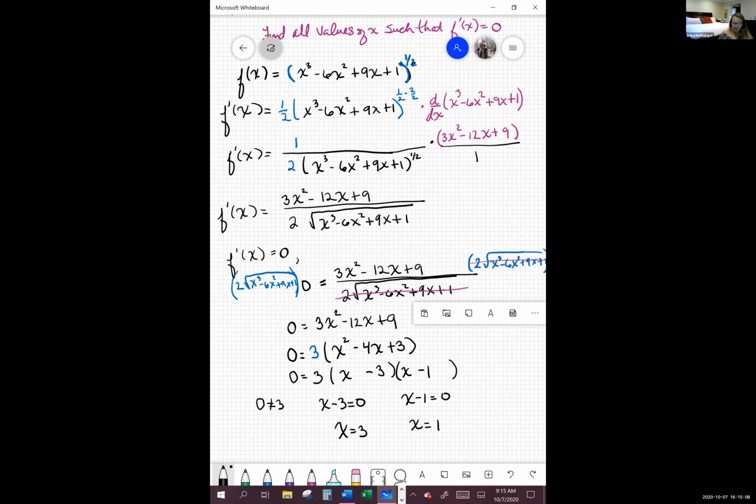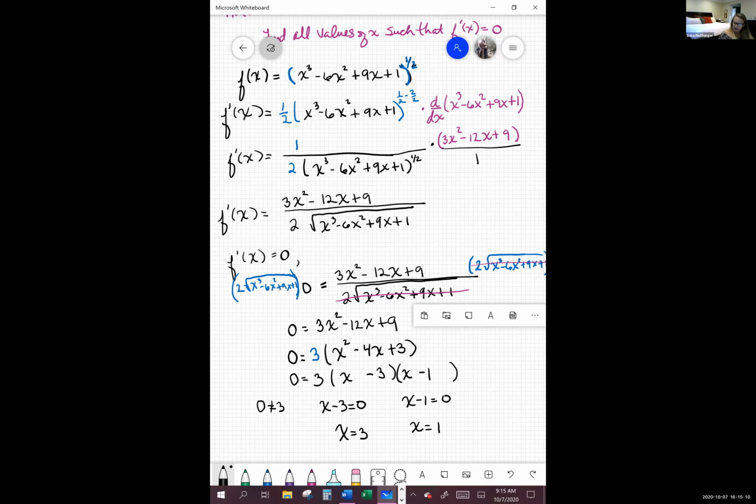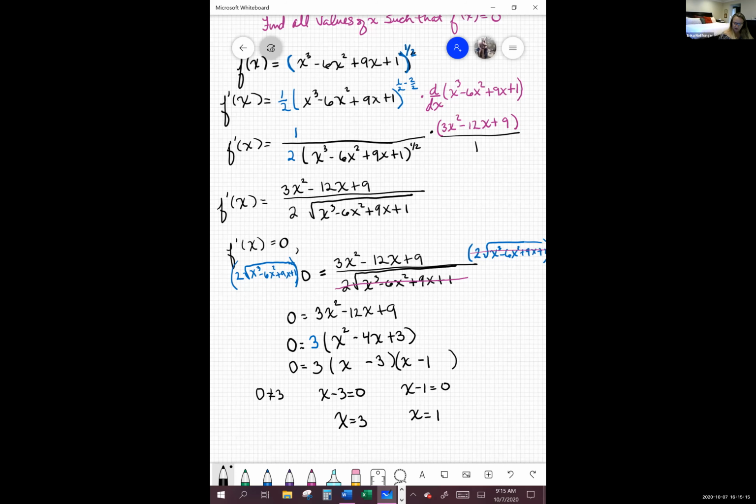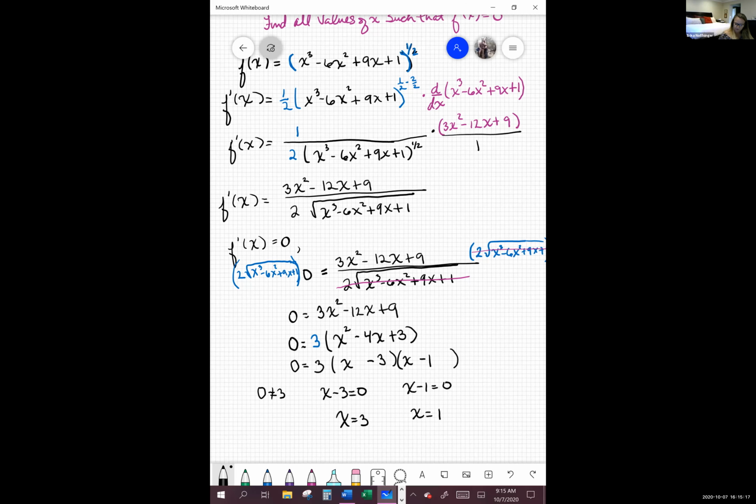Okay, so we just found the values where the tangent line is horizontal. So f of x has horizontal tangent lines here.